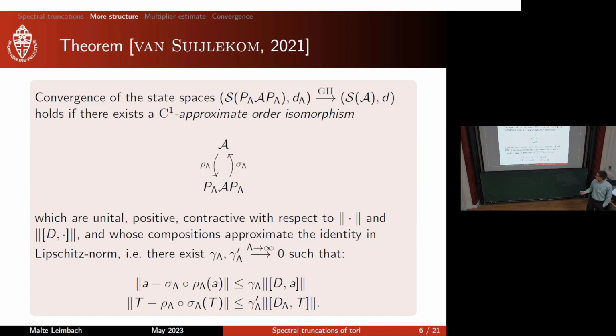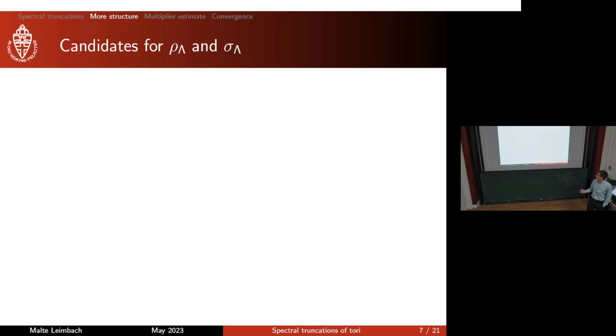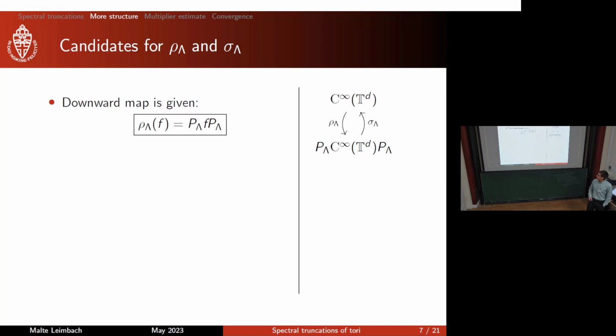These have to be unital, positive, contractive, and actually contractive both with respect to norm and with respect to Lipschitz norm. And they have to approximate the identity with respect to this Lipschitz norm. I'm not going to talk about the proof of this, but this is going to be the device we're going to try to use. So you need candidates for these maps. This is just the picture to keep in the back of your mind.